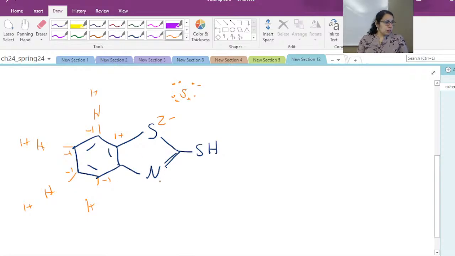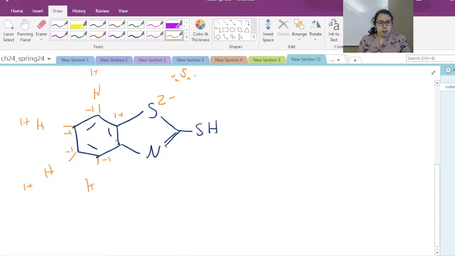And then let's look at our nitrogen before we look at this carbon. So we have nitrogen, and it probably also has a lone pair I didn't draw. So what happens when we pull it off? It's more electronegative than carbon. Yeah, so it gets all of these.